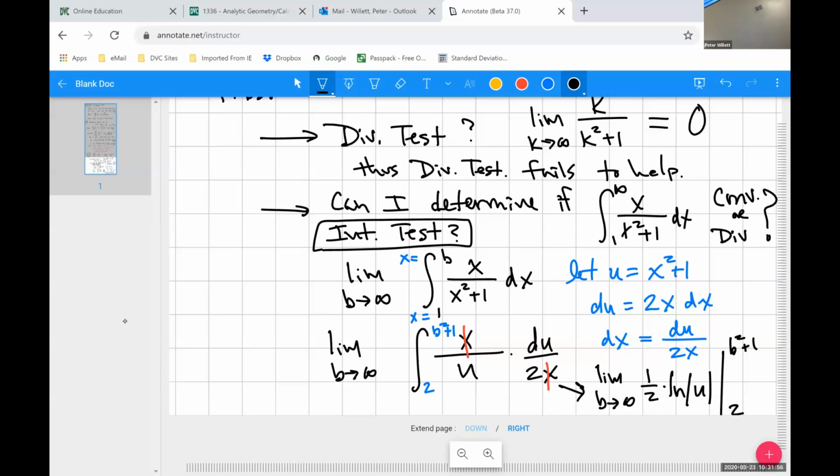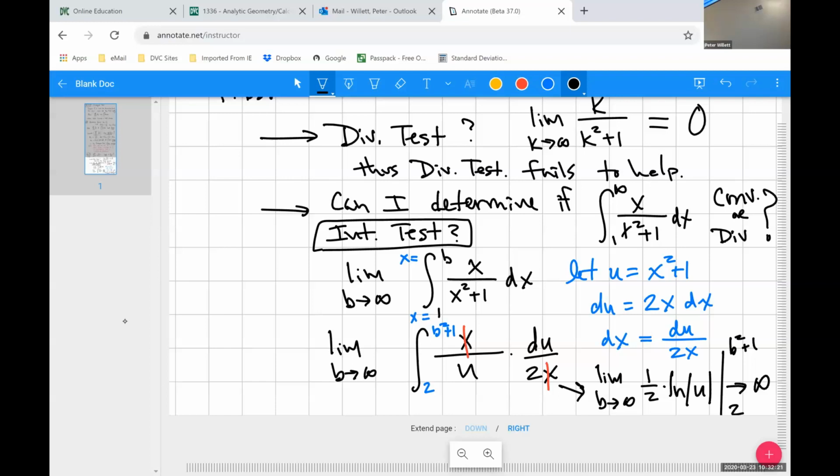I'm running out of space here, so I'm just going to point out that this goes to infinity. Because as we saw before, I have a natural log of an argument where the argument is just being bigger and bigger and bigger, because as b goes to infinity, b squared plus 1 is going to infinity, and the natural log of something becoming infinite also becomes infinite.